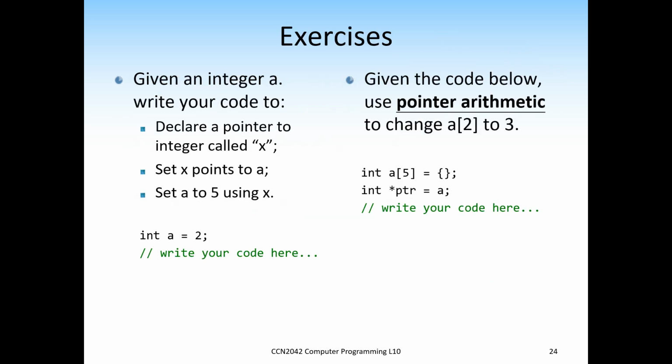So last one, some exercise. So on the left hand side, given an integer a, write a code to declare a pointer to the integer called x. 咁我哋呢一度想做咩呢？我哋想開一個 variable 叫 x 啦，而佢會 point 去 a 個 address.